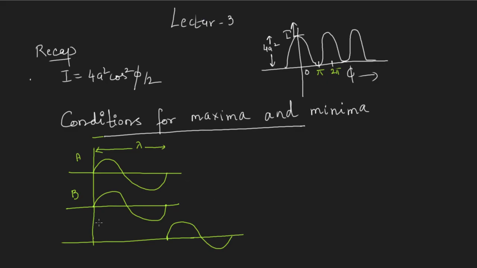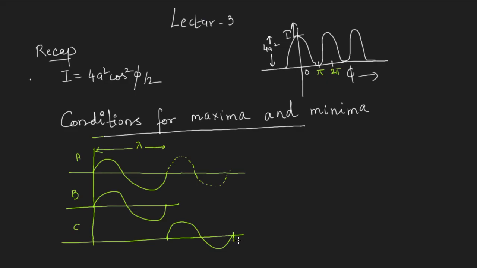Similarly, if I have a wave which has a path difference of lambda, I start from here and then I name it as C. So if I superimpose wave A with C, then what will I observe? That again, both the waves will superimpose constructively. Similarly, if I have two waves with path difference 0, lambda, 2 lambda, I can also start a wave from here.